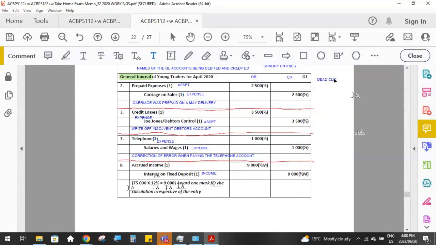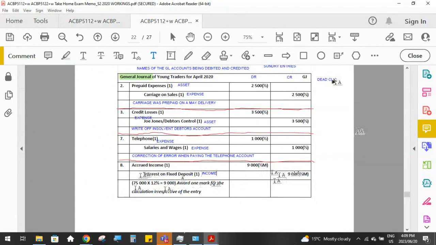And over here, income increases on the credit side. It's one of our click accounts. Income increases on the credit side. So the 9,000 must go to the, you could also have called this interest income or interest received, and then to show that it's an income account, and then put the 9,000 on the credit side.